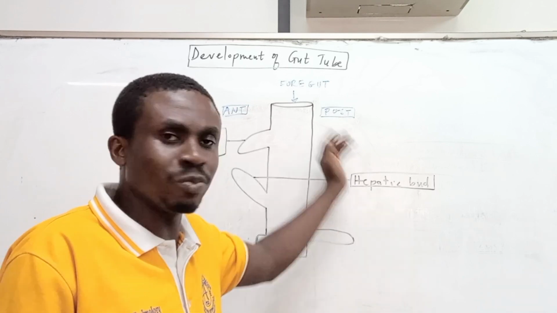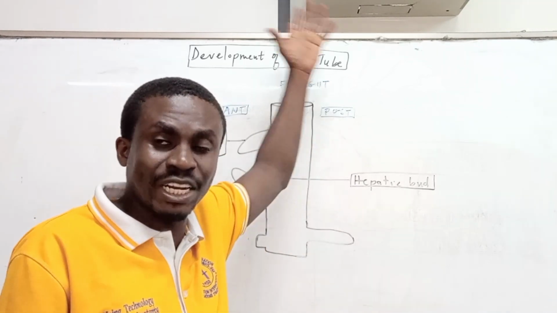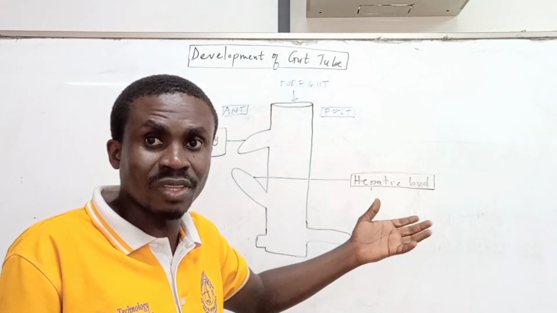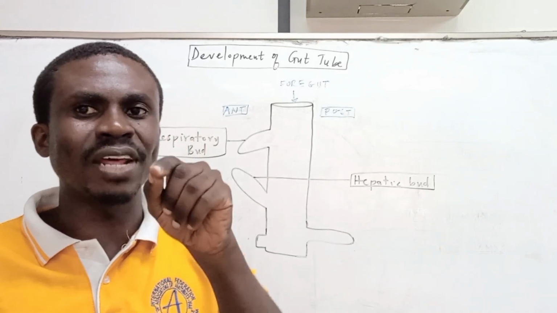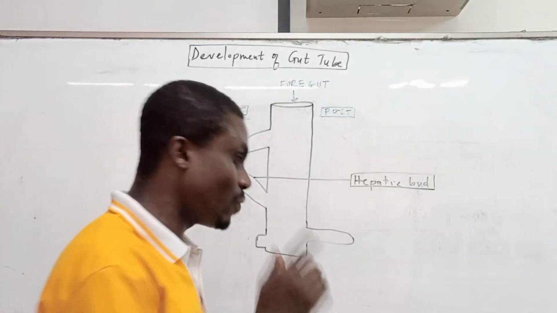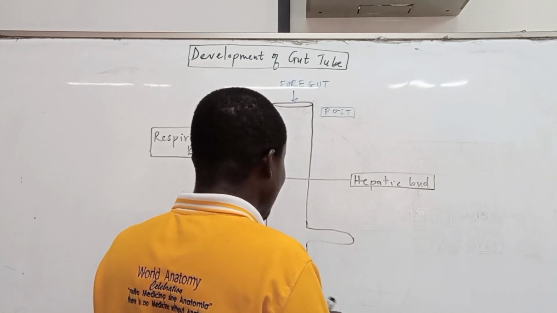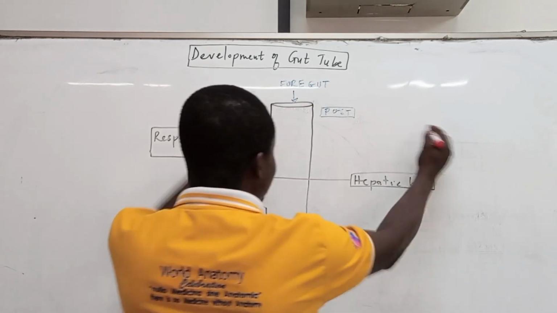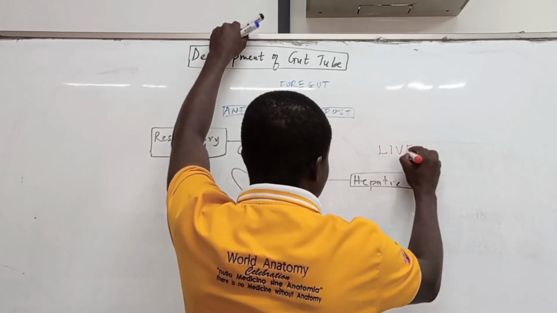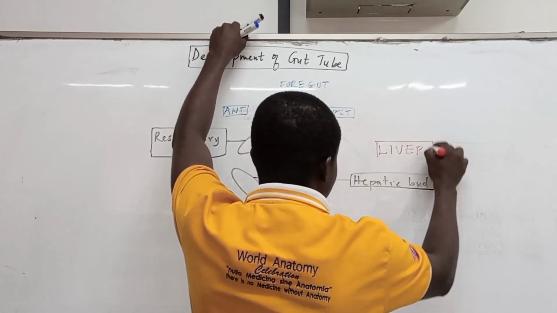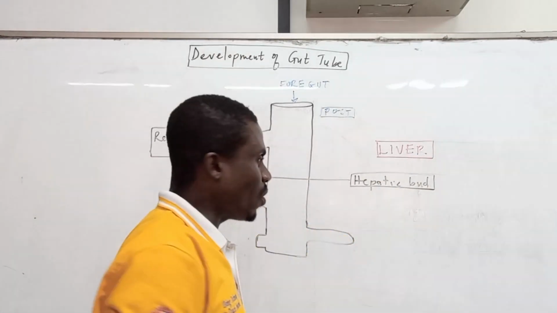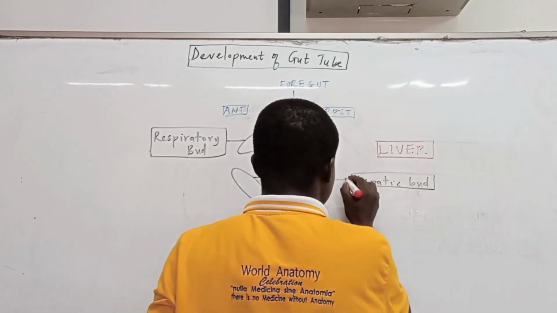But the other portion is developed from the gut tube, which is endodermal. So whenever I talk about development of the liver, one thing I want you to appreciate is that the liver will have dual origin.